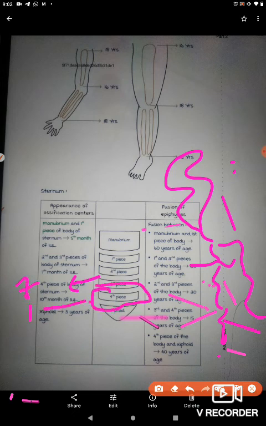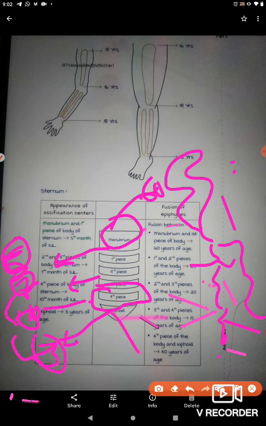For the fourth piece, it appears in the 10th month, and for the xiphoid process it appears at 3. So 7, 10, 3, and between the manubrium and the first piece it appears in the 5th month. So 5, 7, 10, 3 is the appearance of the ossification centers.